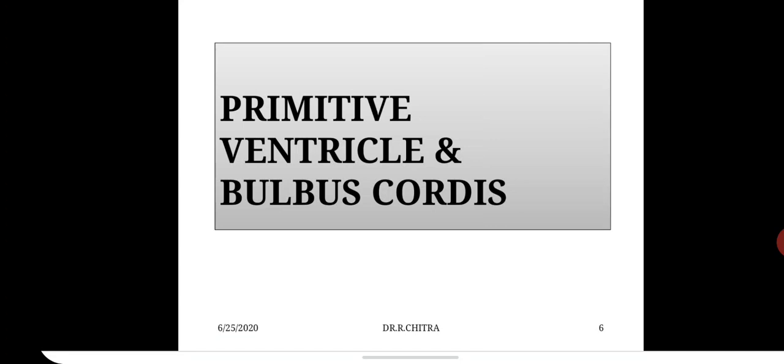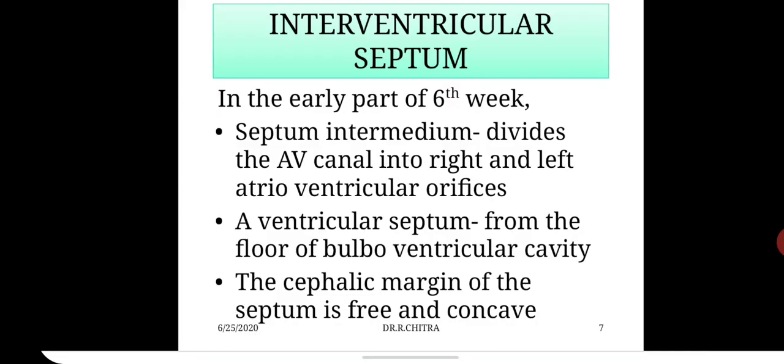So now we will start with the primitive ventricle and bulbus cordis. In the early part of the 6th week, the septum intermedium divides the atrioventricular canal into right and left atrioventricular orifices.